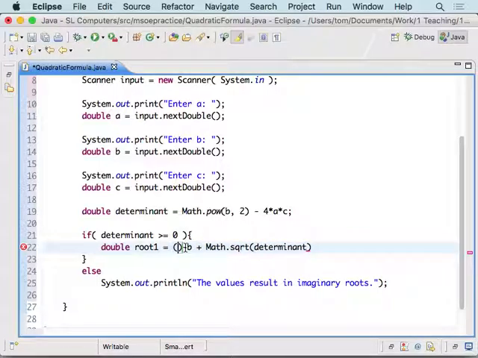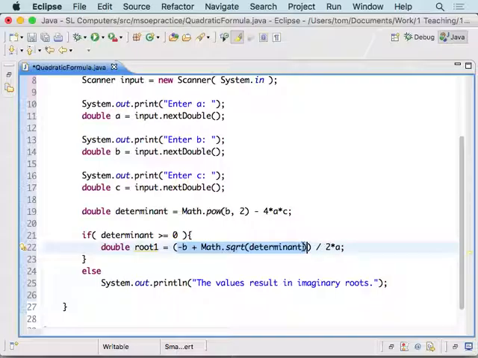So I'm going to group that with parentheses, okay? And this is also an important step here. If we do 2 times a here, okay, we're actually going to get the wrong result. Okay, so this is grouping this whole numerator, but division really has no more precedence than multiplication.